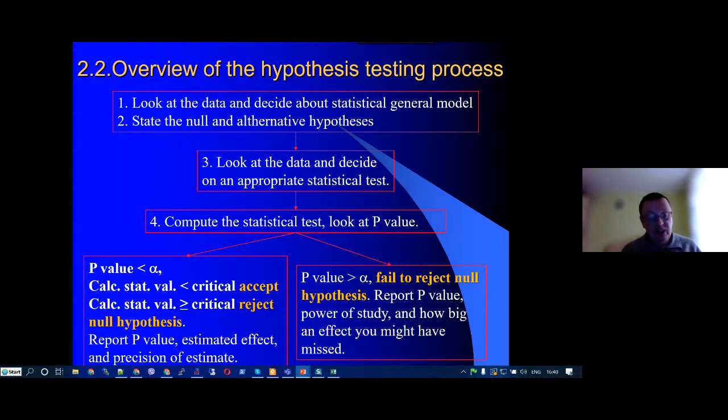Depending on the calculated value, if this condition is met, we can accept or reject the null hypothesis in favor of the alternative. But if it doesn't have enough significance, which in fact happens very often, we will not be able to either reject or accept the null hypothesis, nor do anything with the alternative.